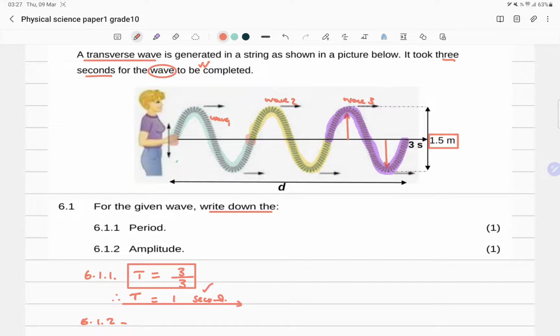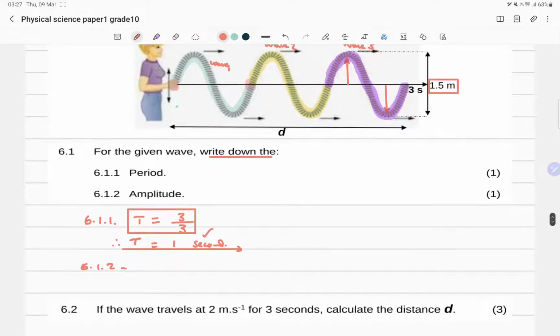So there's 2 things here, so we need to divide it by 2. So our amplitude is going to be 1.5 divided by 2, which is 0.75 meters.